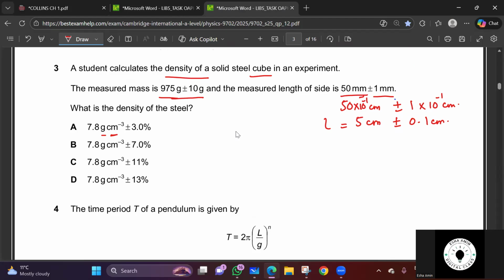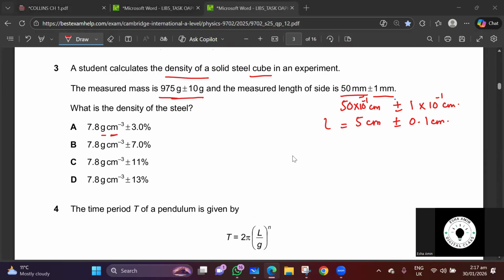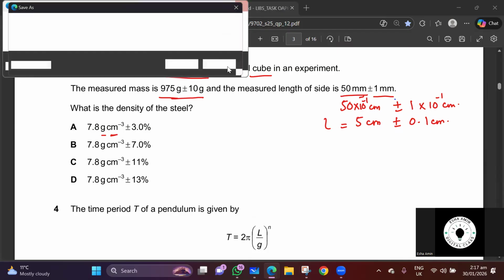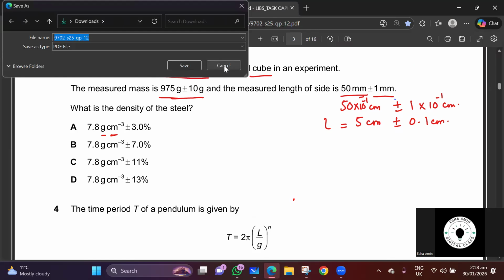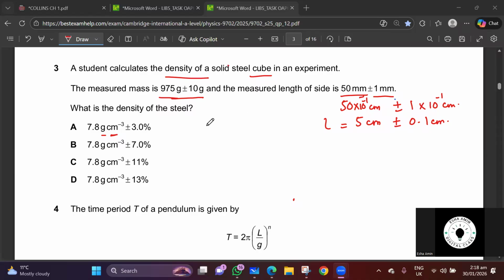Now you have to find the density. The value of the density is mass over volume. So the mass 975 over length cube.